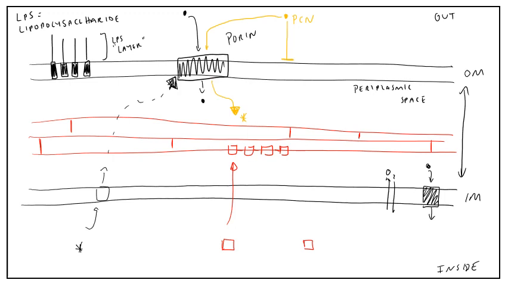And so porins can be mutated, which can sometimes preclude the movement of penicillin and other antibiotics into the cell. If that happens, penicillin is unable to find its site of action, which is the peptidoglycan layer. So that's one way in which gram-negatives can evolve resistance.